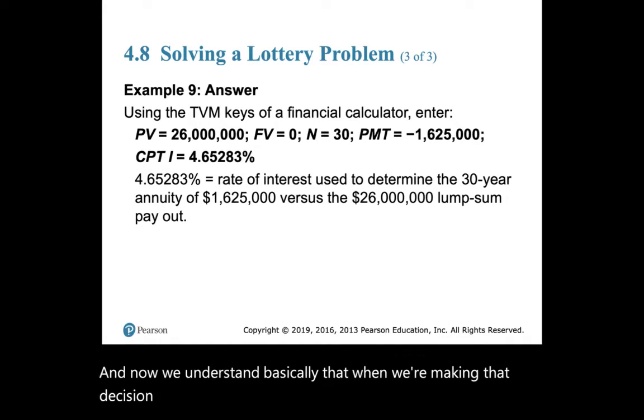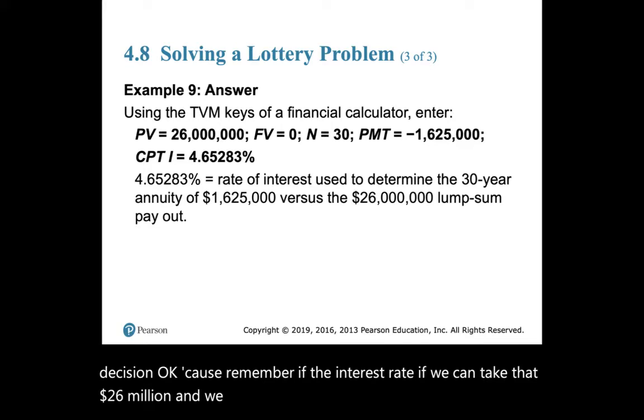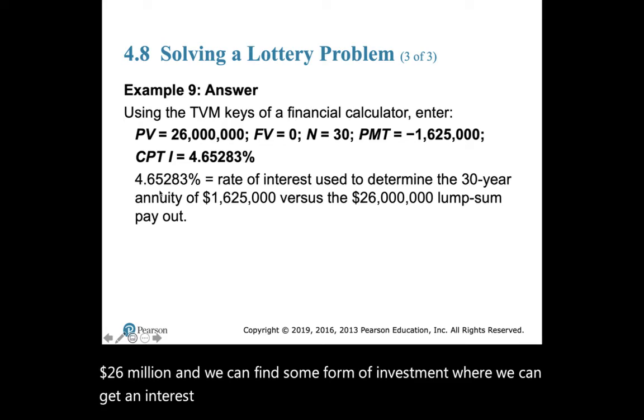Because remember, if we can take that $26 million and find some form of investment where we can get an interest rate of 4.625 or higher, then it's better to take that money now.